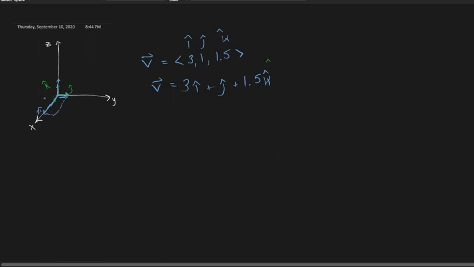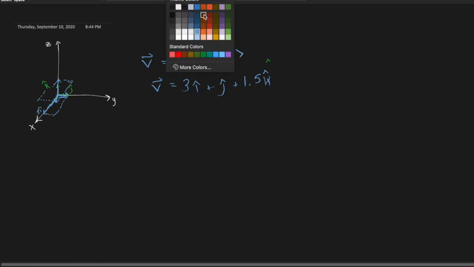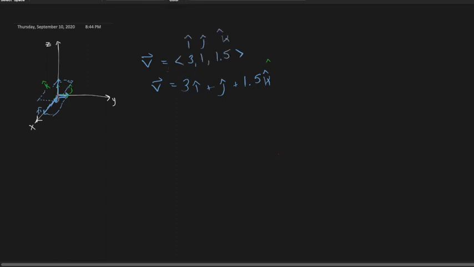So let's draw this like that. And then we want the vector to come towards us like this. And that's really hard to see. Let me change the color, maybe that'll help. It's going to really come towards us, like that.